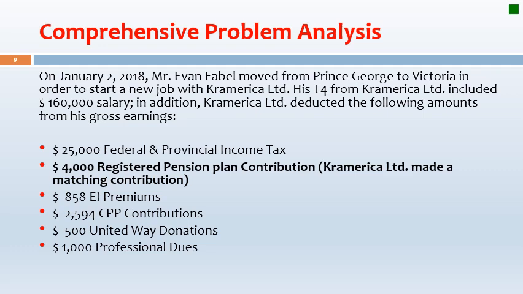In addition to this, Cramerica also made a matching contribution of $4,000. Is this a benefit? Well, even though Evan certainly is advantaged economically by this, if an employer makes contributions to a registered pension plan, this is not considered a taxable benefit. It's specifically excluded, and it can be received tax-free. Therefore, the effect of this is that Evan may deduct $4,000 from his income.